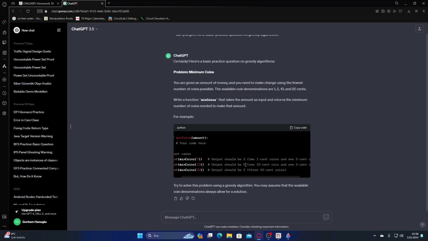Let's tell ChatGPT that for 30 cents the output is true, but the explanation is wrong. It must be 25 and 5 cents.